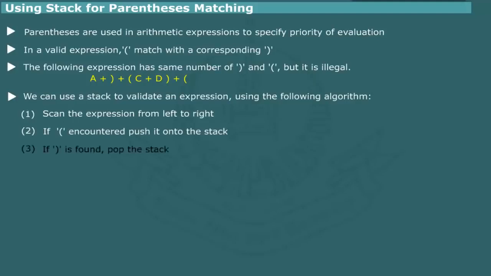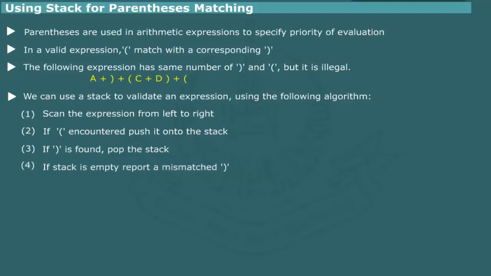Number 3. When a right parenthesis is found, pop the stack. If stack is empty, report a mismatched right parenthesis. Otherwise, pop the stack and discard popped left parenthesis. Number 4. At the end of scan, if stack is not empty, report an error.